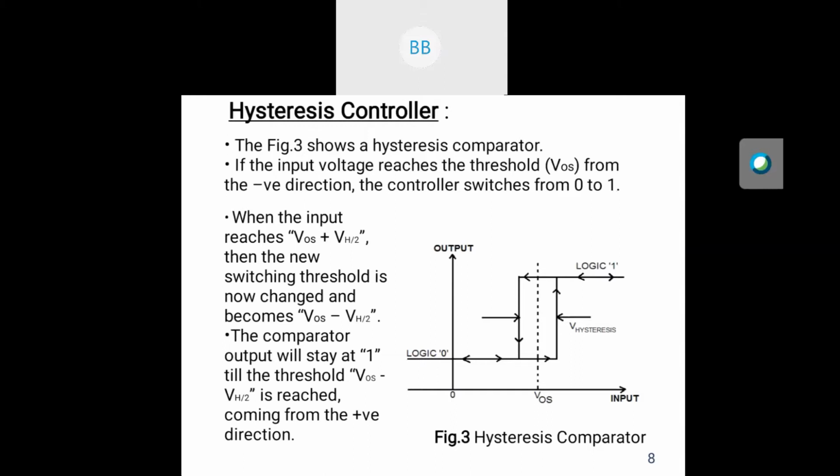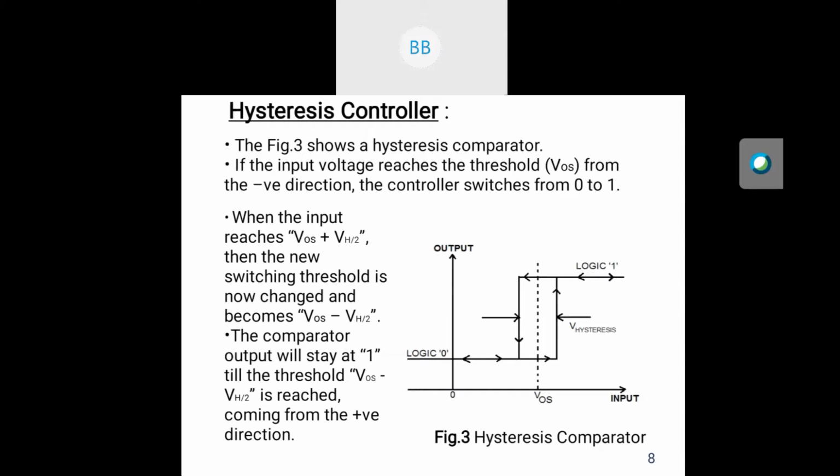Figure 3 shows a hysteresis comparator. Here, if the input voltage reaches the threshold, that is VOS, from the negative direction, the controller switches from 0 to 1. When the input reaches VOS plus VH by 2, where VH is the hysteresis voltage, the switching threshold changes and becomes VOS minus VH by 2.